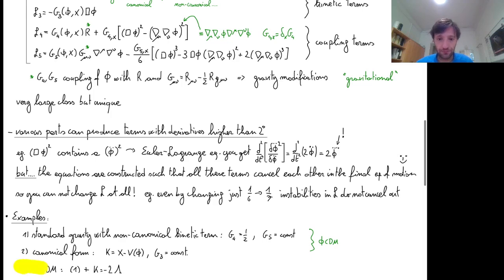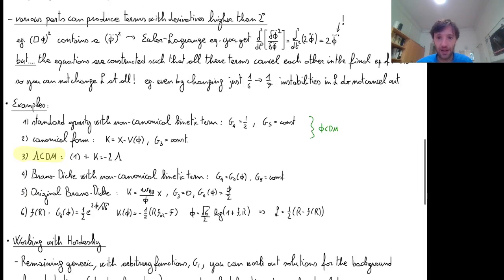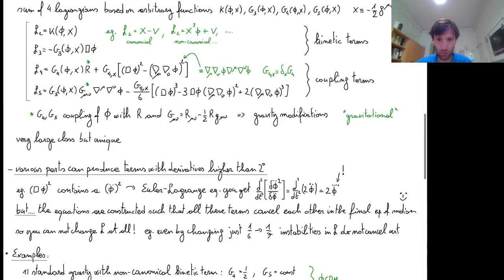If you want lambda CDM, then you just have to use condition 1, meaning G4 and G5 equal to 1/2 and a constant respectively, such that you have standard gravity, plus you want a kinetic term which represents dark energy, the cosmological constant, and therefore your K must be equal to -2 and a constant. Whenever this is the case, you just have your fluid that's equal to 0, and you just have that.